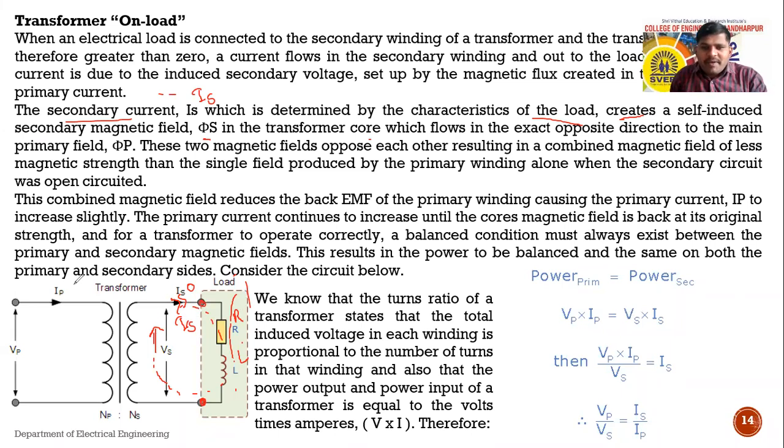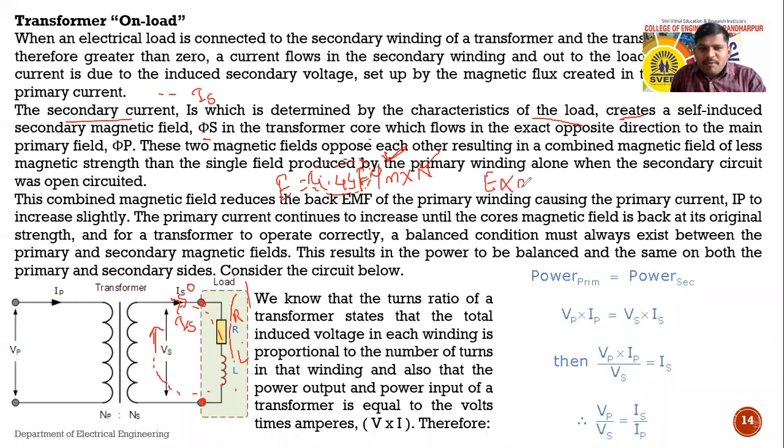Due to that flux some EMF will be induced. According to the EMF equation it depends upon flux. I think we have derived the EMF equation. Suppose E equals 4.44 f phi m N. It has N number of turns, flux phi m, and frequency of supply f. The frequency and 4.44 are constant.